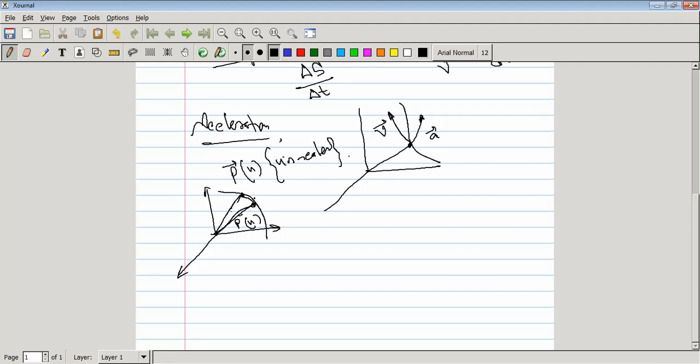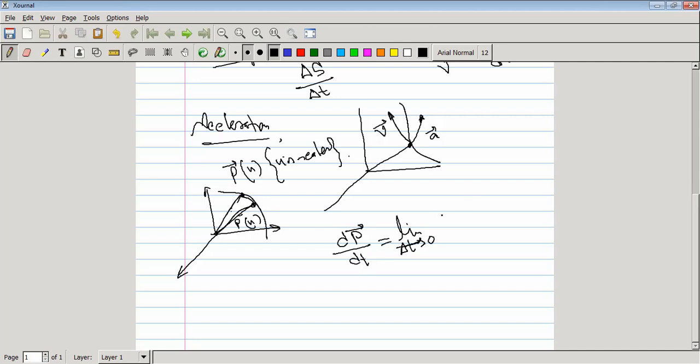So when u varies, the vector p also varies, because the particle moves. So for a specific interval we can write dp vector by dt, which is nothing but the limit as del t tends to 0.